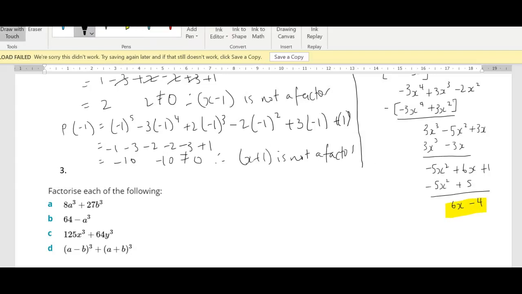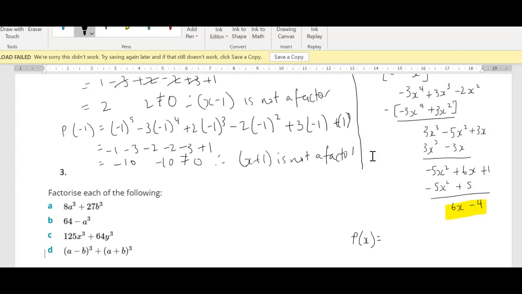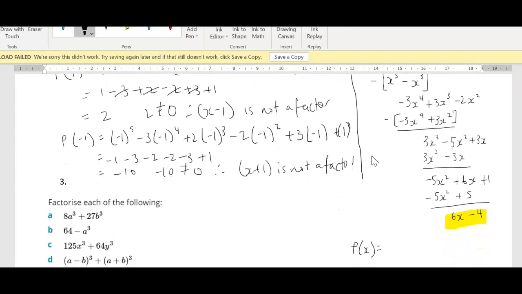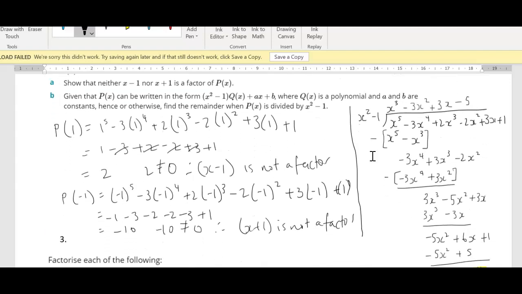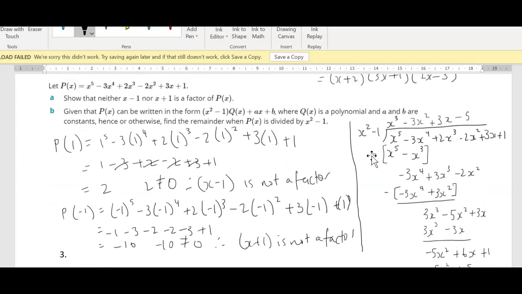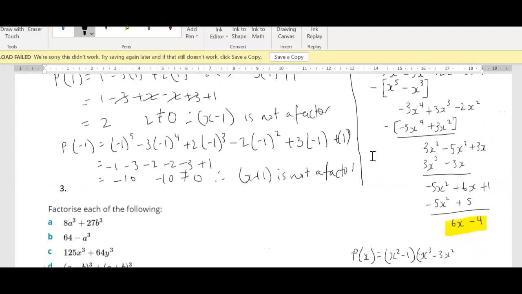But if we were writing the polynomial in factorized form, we know that x squared minus 1 wasn't a factor, but we can just write the divisor, x squared minus 1, and then the quotient, so x cubed minus 3x squared plus 3x minus 5.